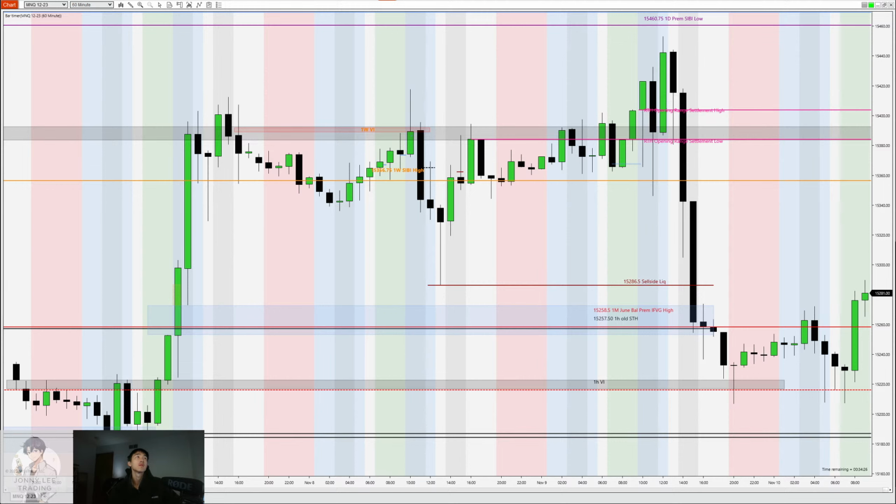We also want to pull this out a little bit, as this could serve as a mitigation block potentially, or a jumping off point. Whoops, that's not what I wanted to do. $15,286.5.